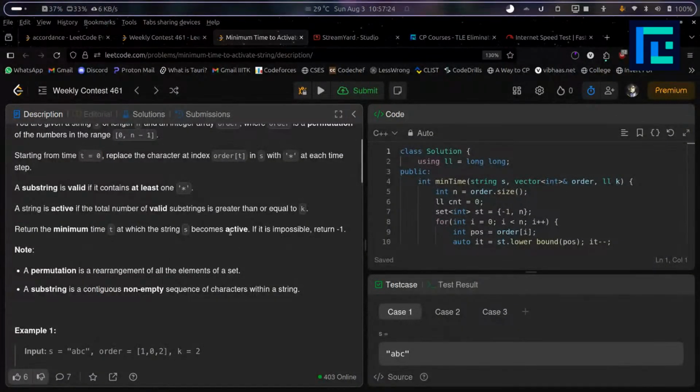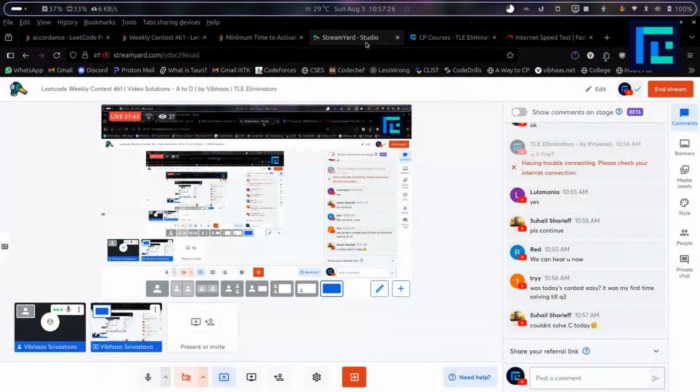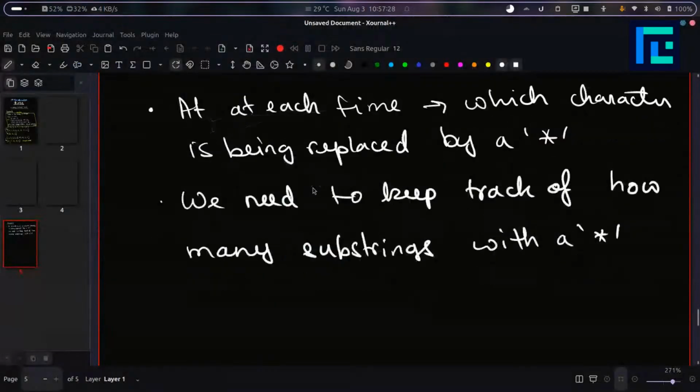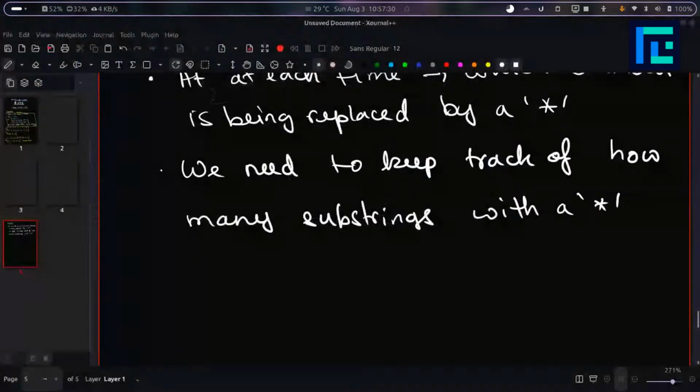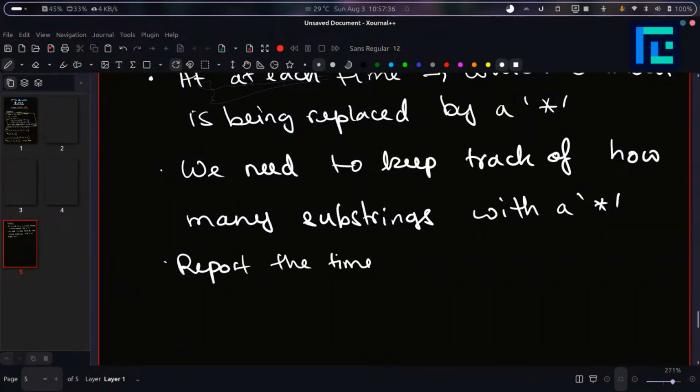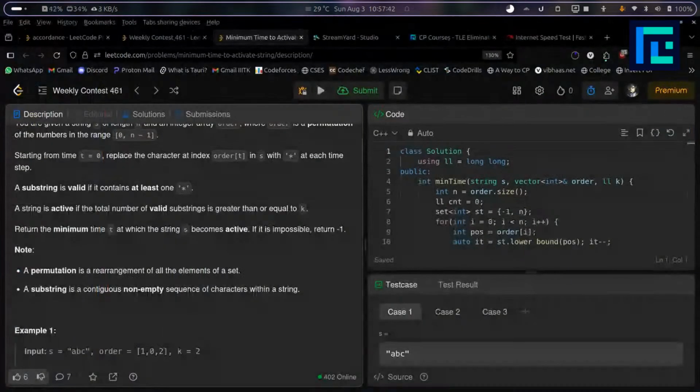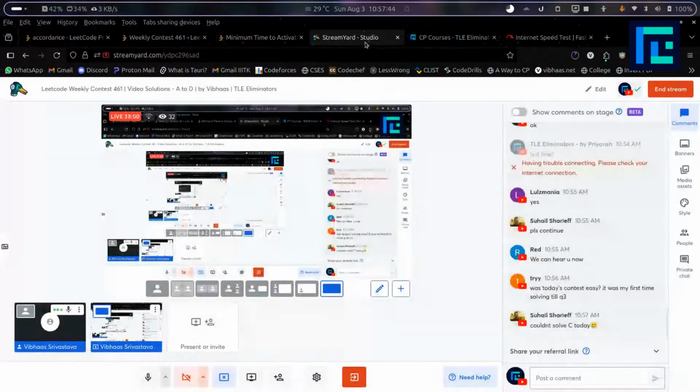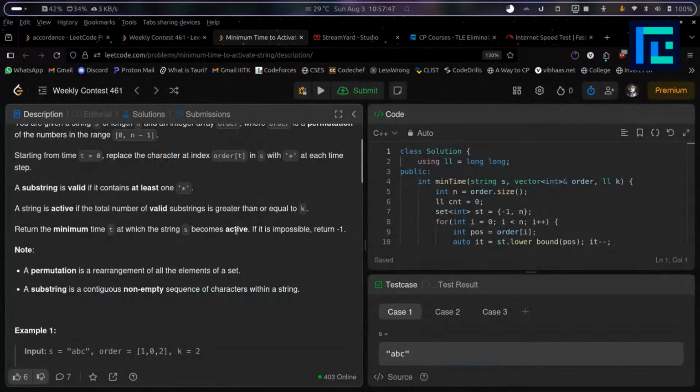The time when it becomes greater than or equal to k, we need to report that time. So this is what we need to do.